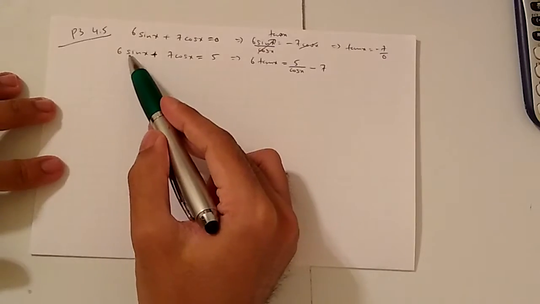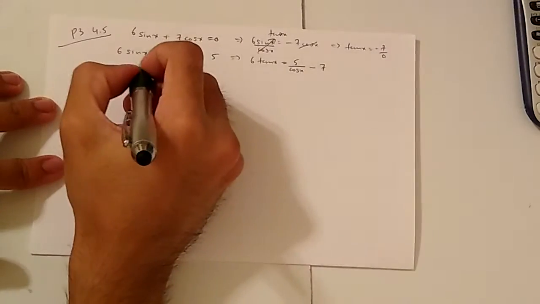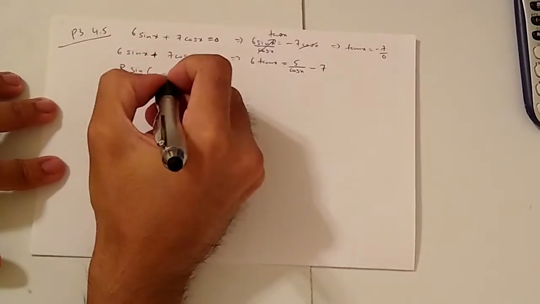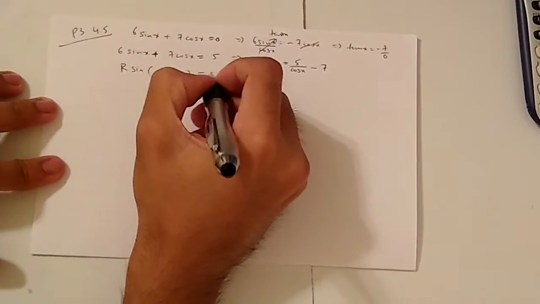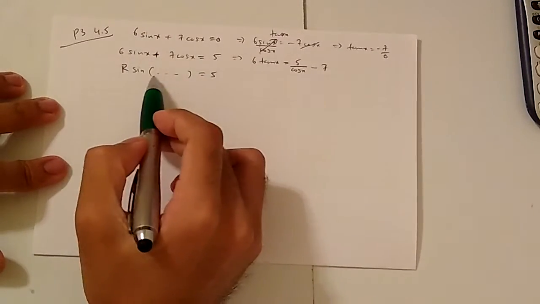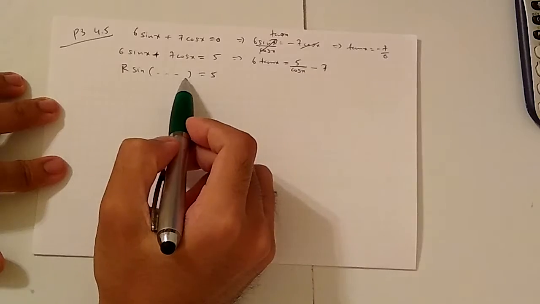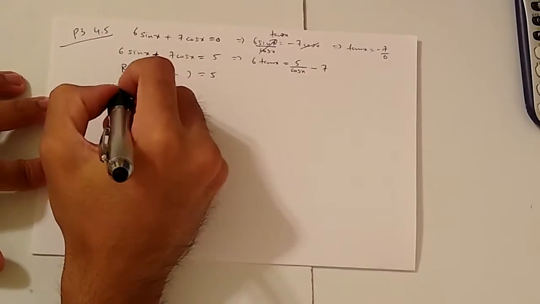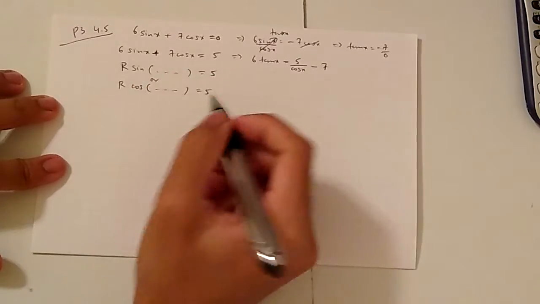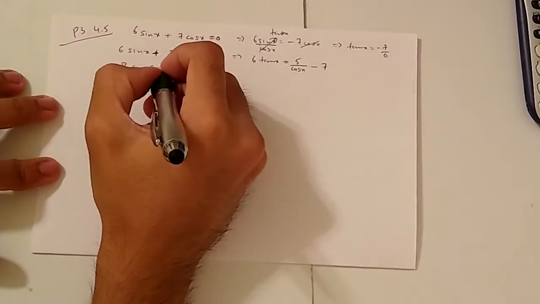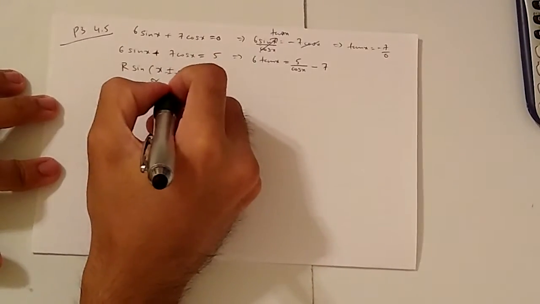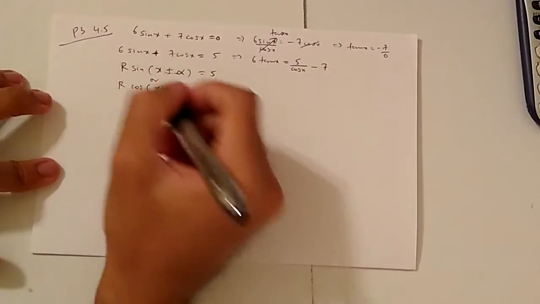In other words, you will combine this into either r sine of something, and we're not going to do anything on the right hand side, or a single cos ratio. What is inside is going to be different: it could be x plus minus alpha for the sine ratio, or x plus minus alpha for the cos ratio.